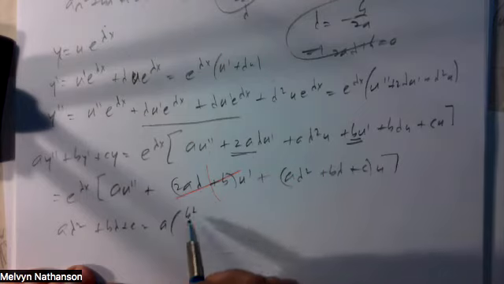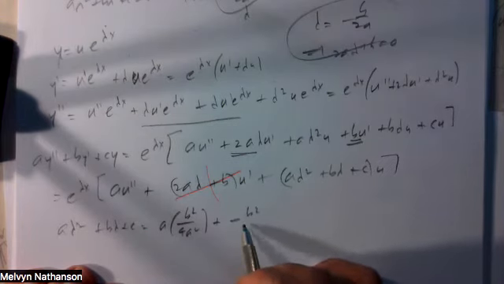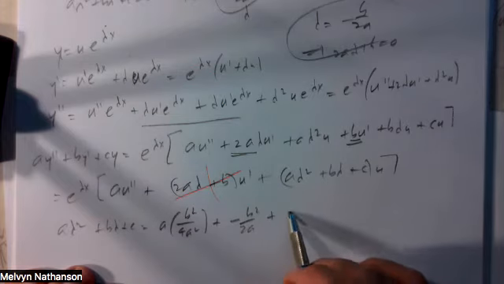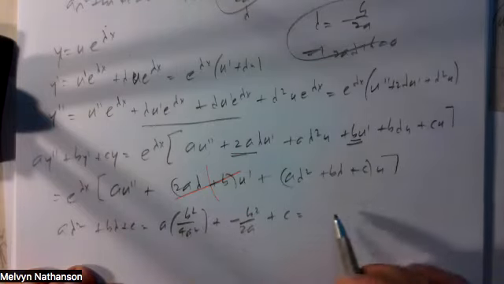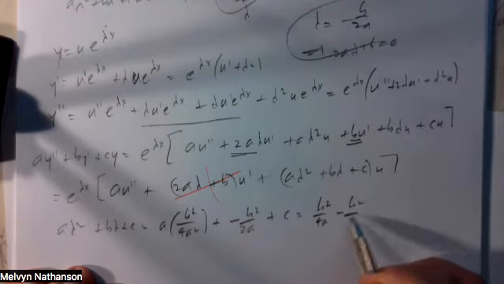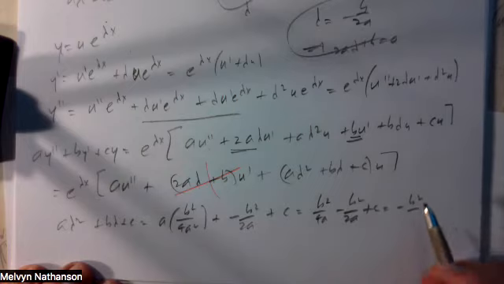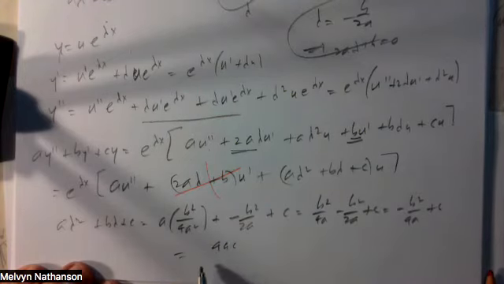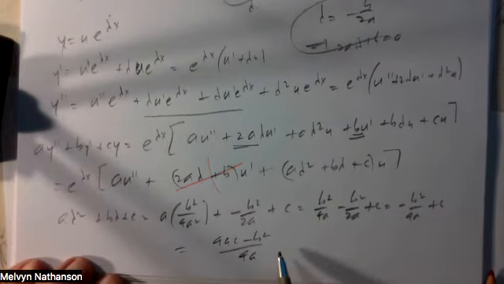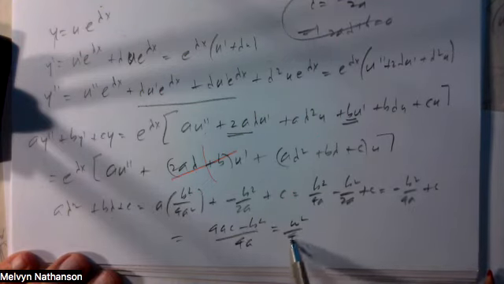So that's A times B squared over 4A squared plus B times lambda, minus B squared over 2A, plus C. So this is B squared over 4A minus B squared over 2A plus C, which is minus B squared over 4A plus C. That's equal to 4AC minus B squared over 4A. 4AC minus B squared is omega squared over 4A.